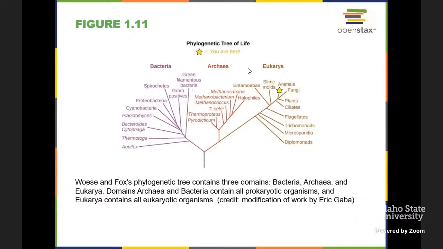The domains, up a notch from the 5 kingdoms, provide the opportunity to separate our bacteria from the archaea. As we look at this phylogenetic tree, we're rooted down here, our black bar, common ancestor. We call it LUCA, last universal common ancestor.